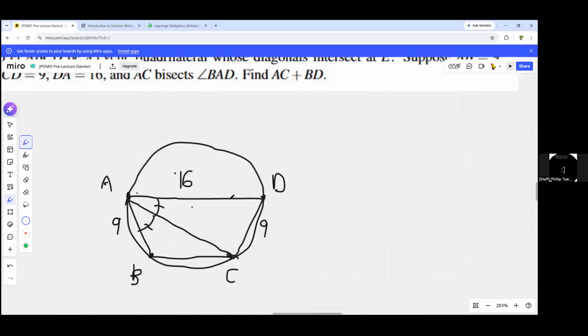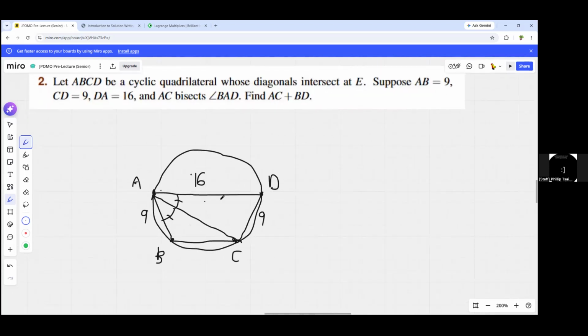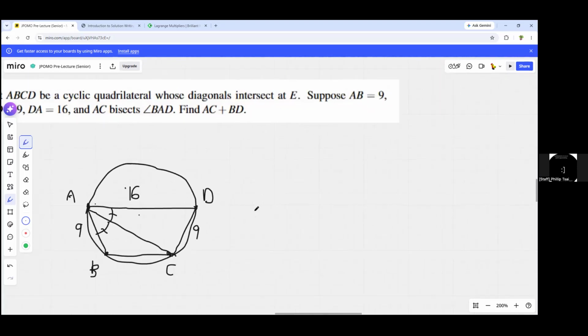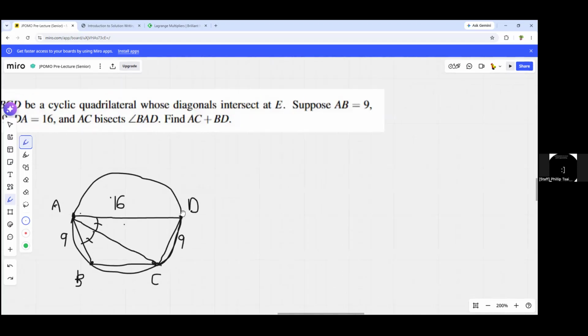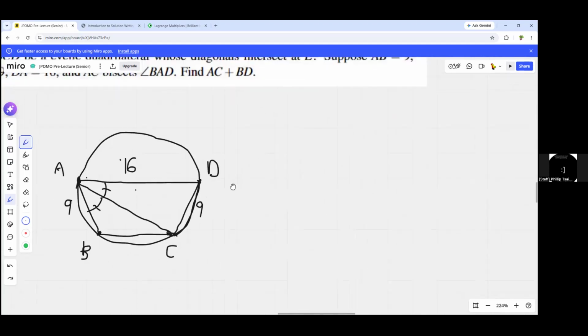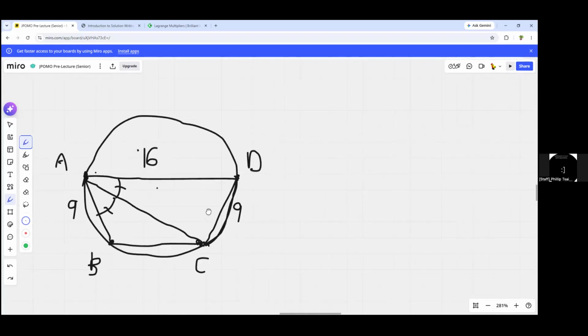For this problem, notice since they're inscribed in a cyclic quadrilateral, angle CAD subtends arc CD and the angle BAC subtends arc BC, right? And an arc subtended by an angle must be twice that angle.